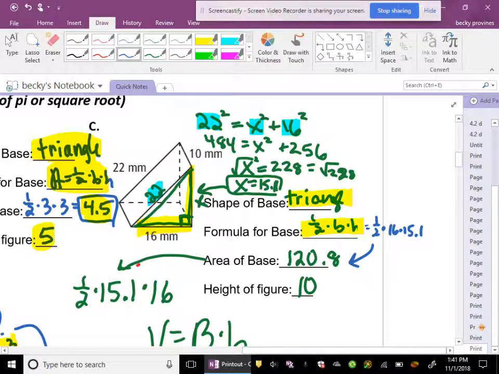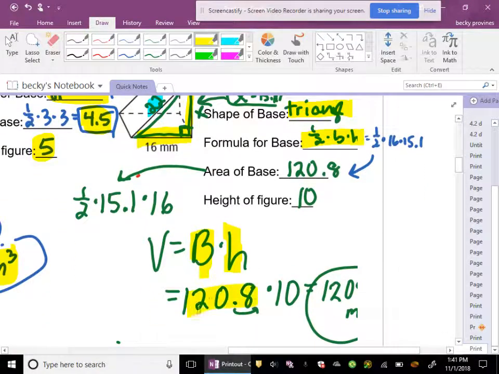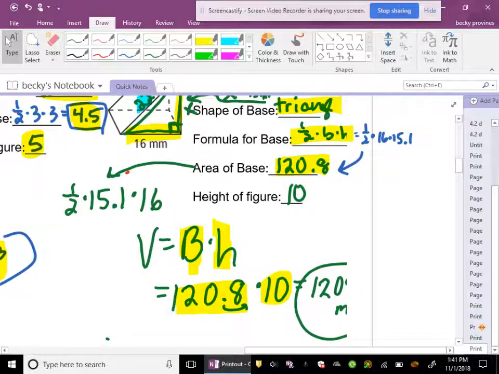And we know the two triangles are 10 units apart. So, guys, base times height, what's the base? The base is 120.8. We already found that. The height is 10. So my final answer got cut off. My final answer is 1,008 millimeters cubed.